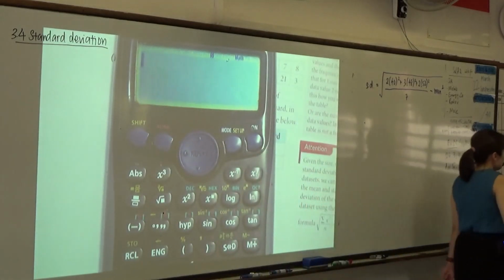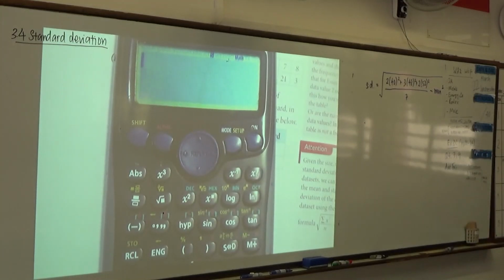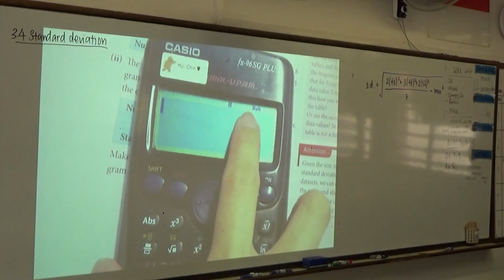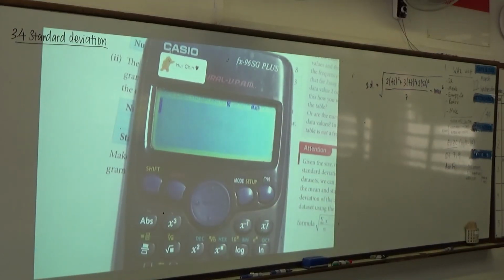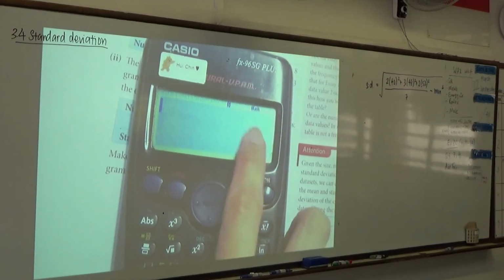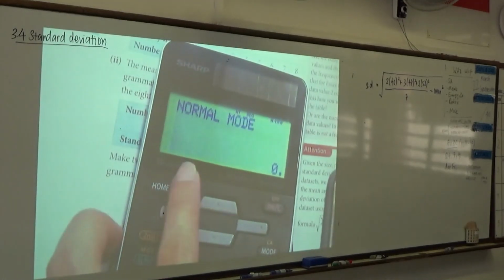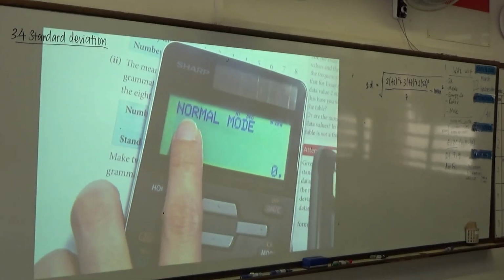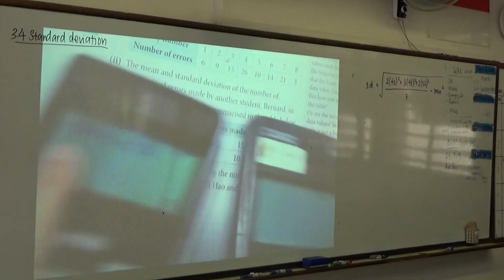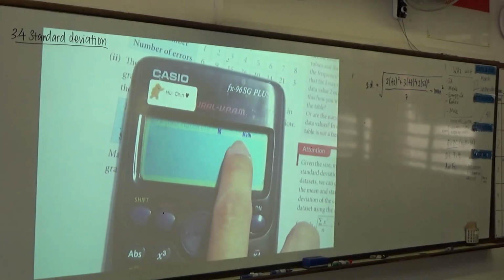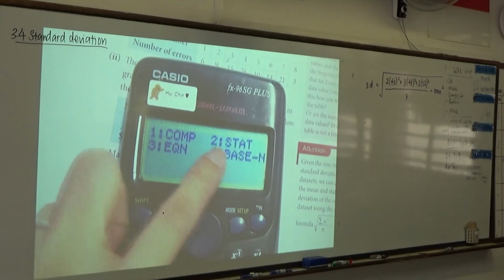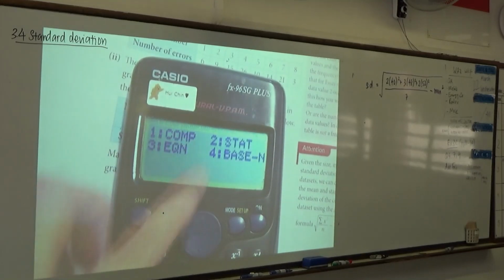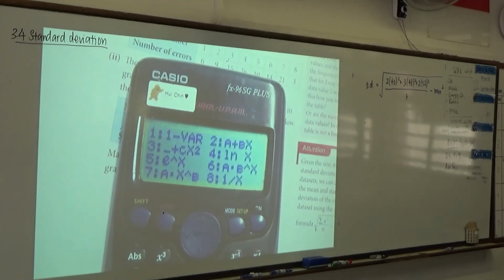Now, in your calculator, the first thing to be observed is that typically you should be on the math mode. So I hope that you're in that math mode. If you're in the Sharp calculator, it's a normal mode. It's very obvious when it's a Sharp one. For Casio, it is a very small indication over here. What we need to first do is to change our mode to the stat mode. So press the mode button and change to stat.